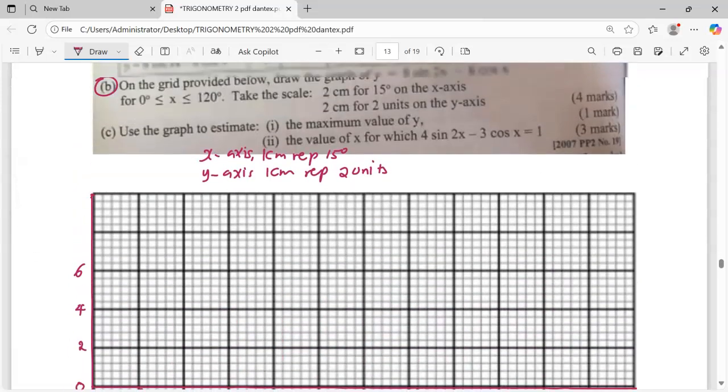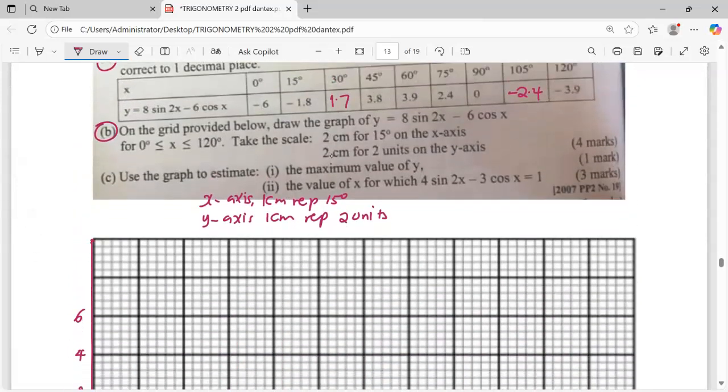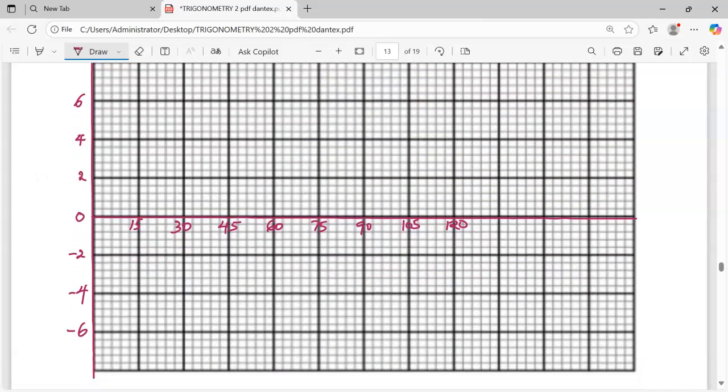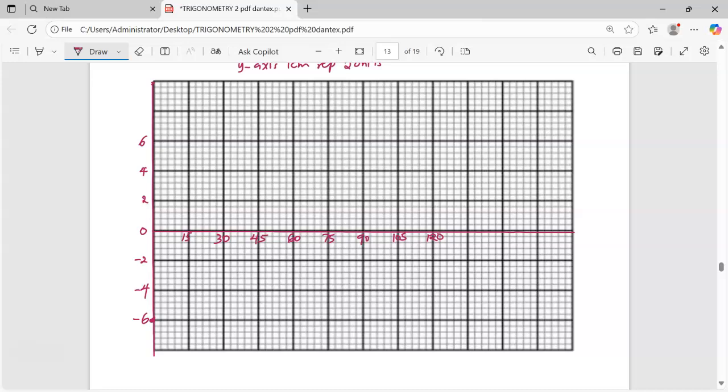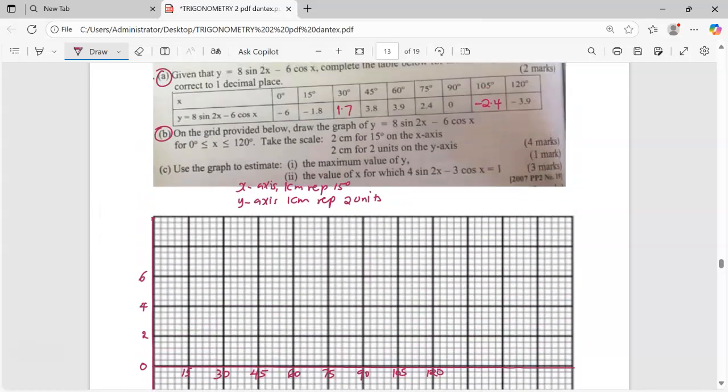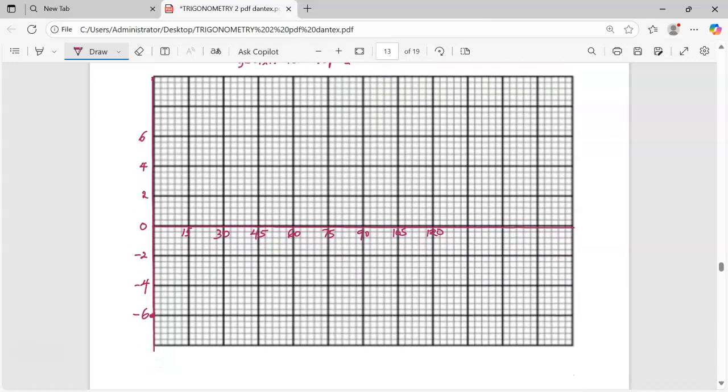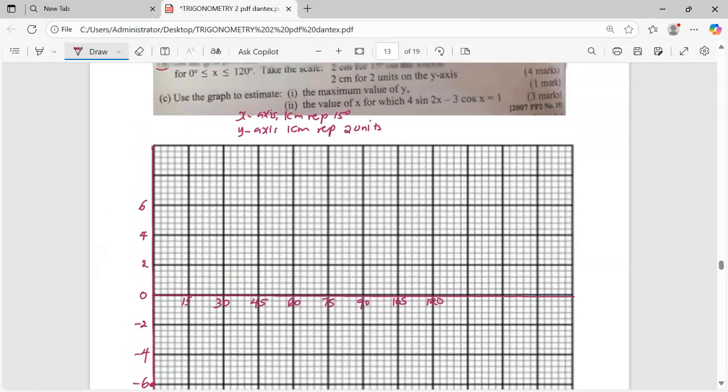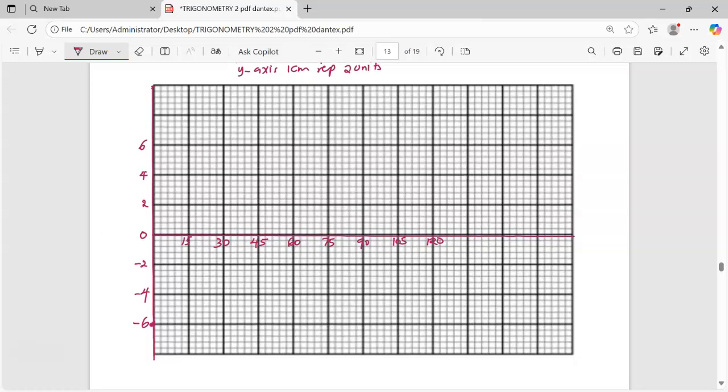After doing that, we now start plotting. When x is 0 degrees, the value of y is negative 6. Negative 6 is at this point here. When x is 15 degrees, y is negative 1.8.